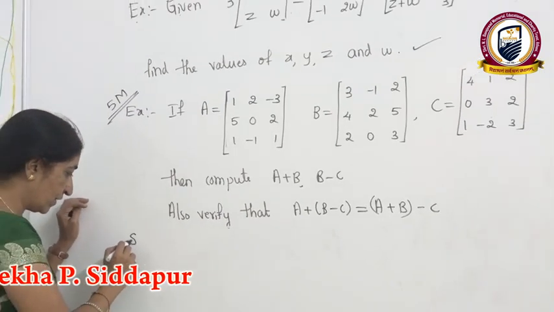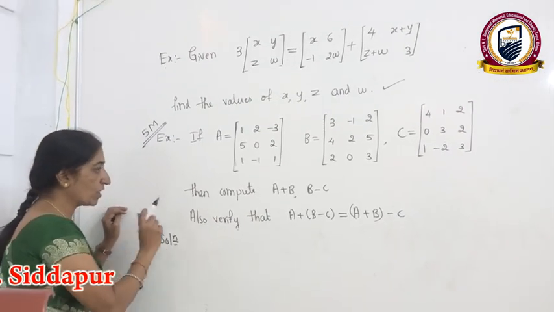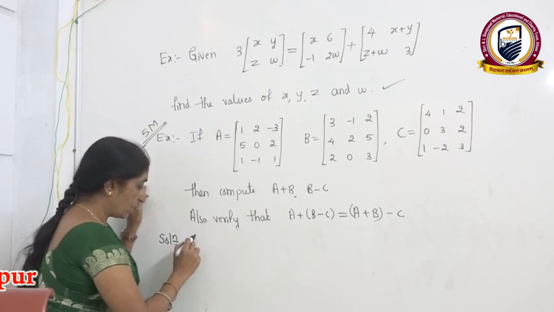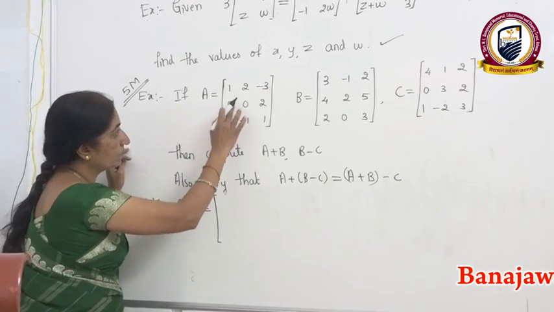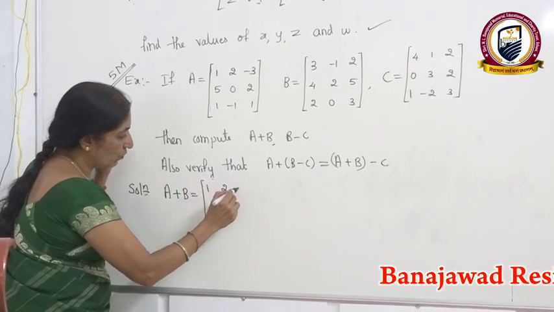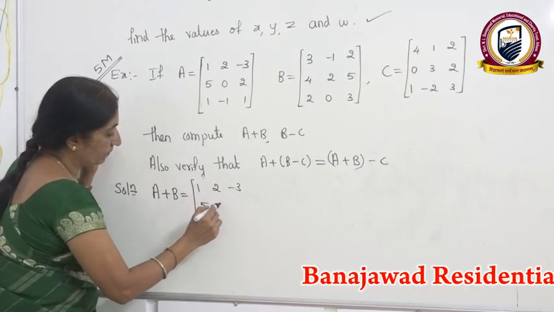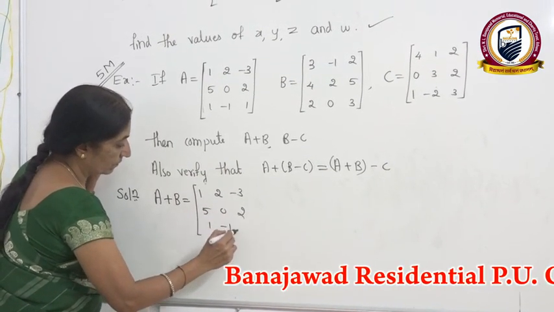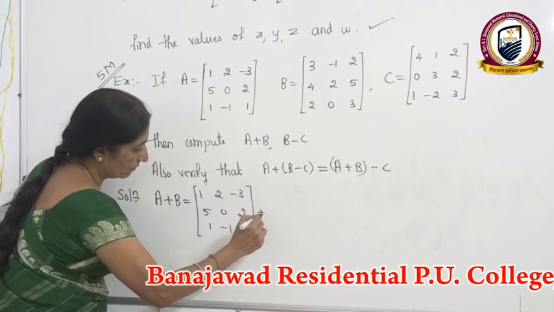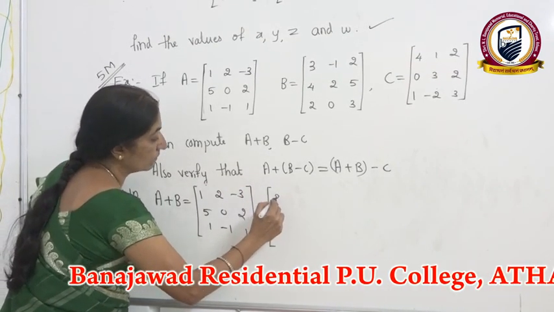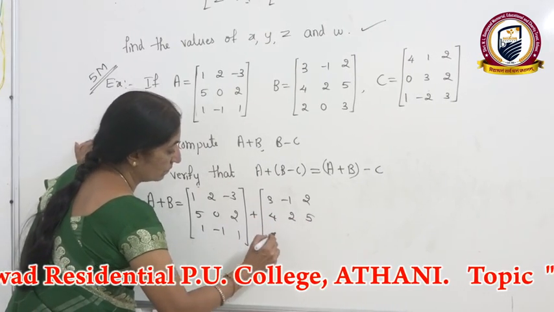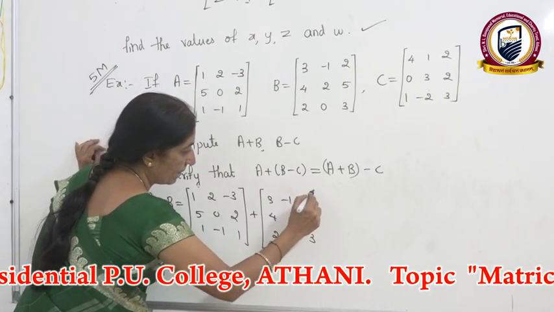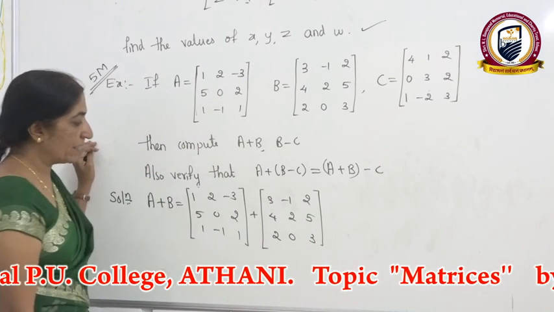So in the first step, what are you doing? We are doing A plus B. That means we are adding the 2 matrices. That is 1, 2, minus 3. So now you are familiar with addition.